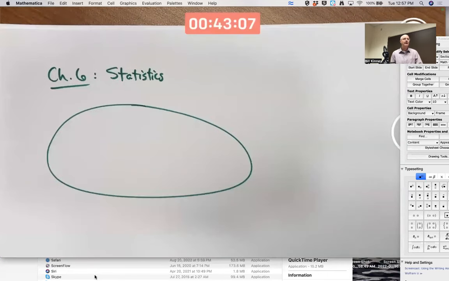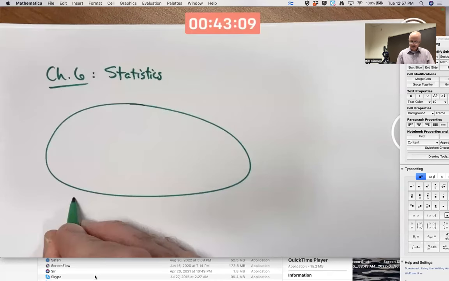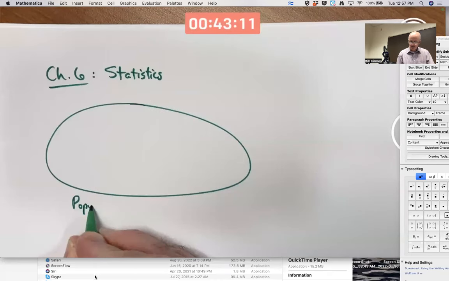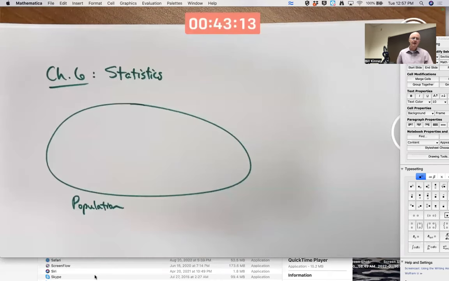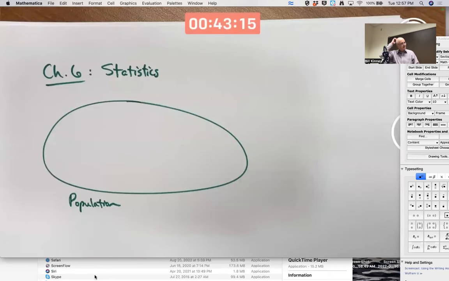We need to start conceptually and imagine this blob to represent something called a population. Now, when you use the word population, that's got connotations of populations of people. And it certainly could be a population of people that you're trying to study, like all adults 18 and over in the entire United States or in the entire world or in Minnesota, whatever.